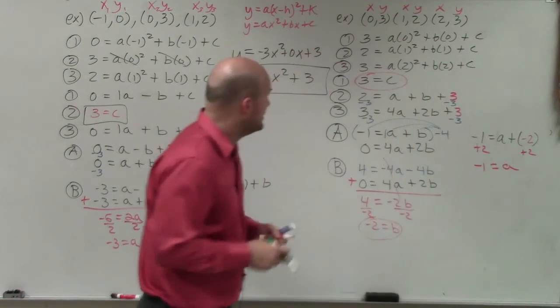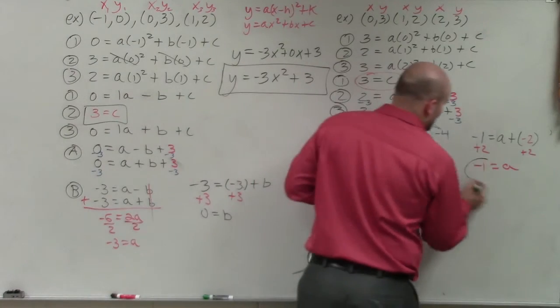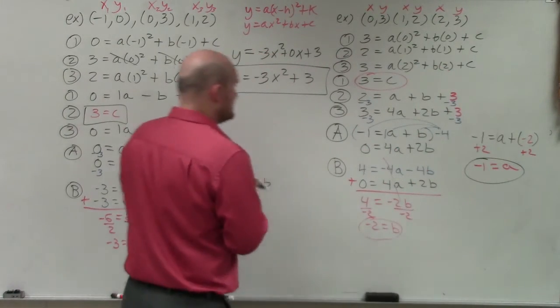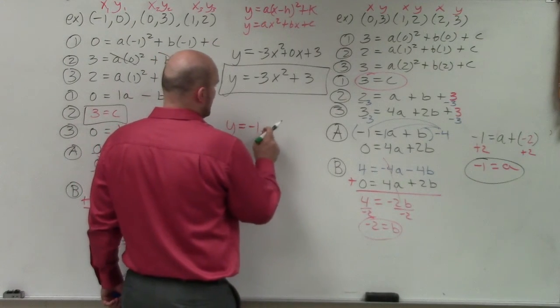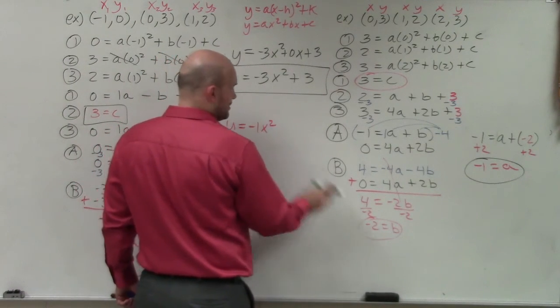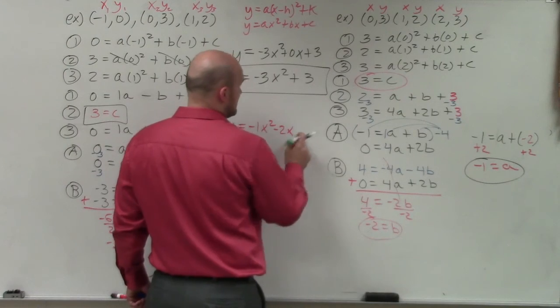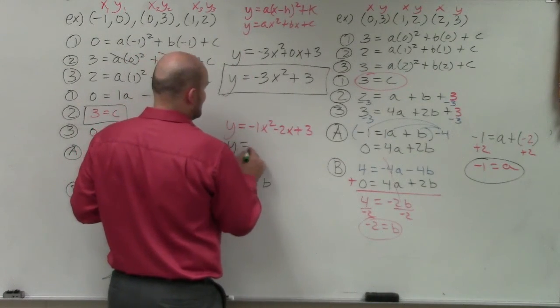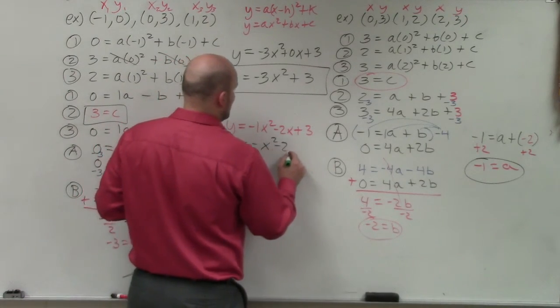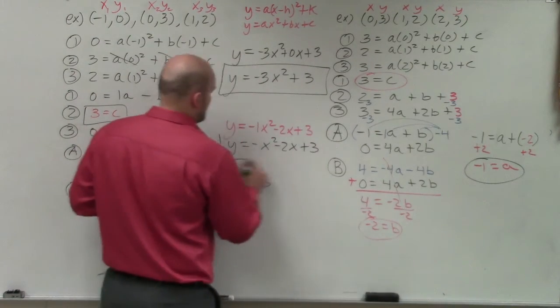So now I know a, b, c. To write my equation, it's simply going to be y equals negative 1 x squared minus 2x plus 3. And obviously I don't need to write that 1 there, so my final answer is negative x squared minus 2x plus 3.